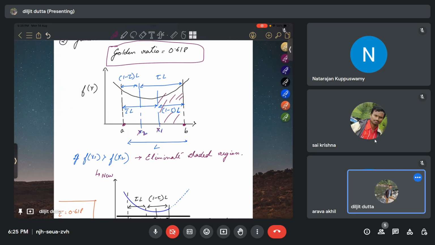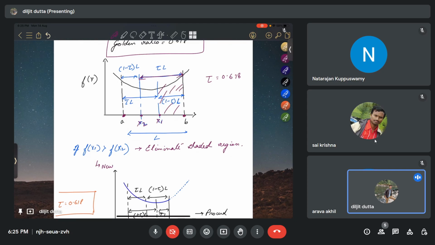So x1 should be at a distance of tau into L from A, where tau is equal to 0.618, and x2 should be at a distance of tau into L from B. Then we will do the function evaluations at x1 and x2. If f of x1 is greater than f of x2, then we will eliminate this region, and if f of x2 is greater than f of x1, then we will eliminate this region.